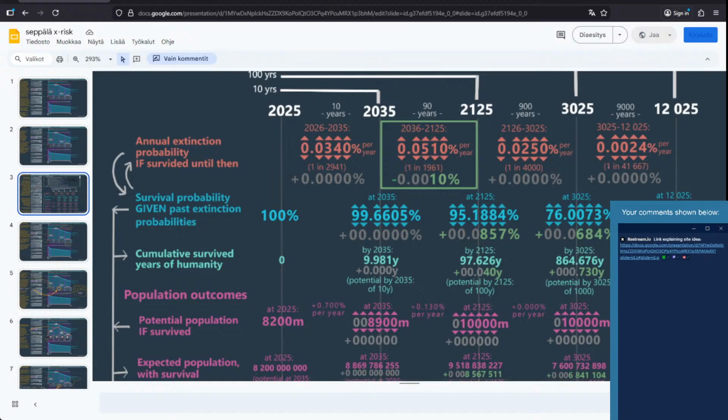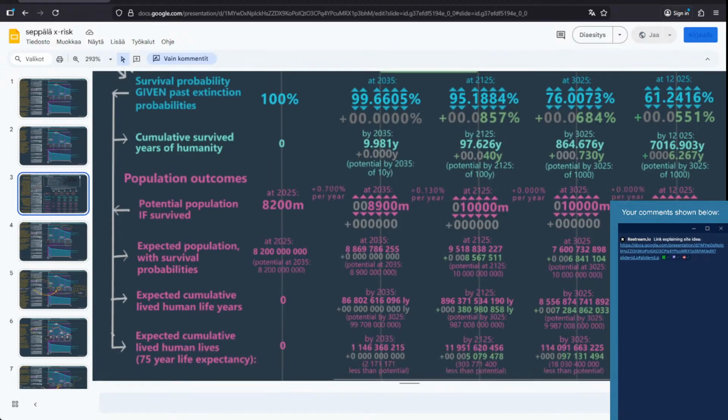There's this light blue one here. We are not really going to be using that, or by default, I think that's a variable that we are maybe not using. But then there are these population outcome variables.